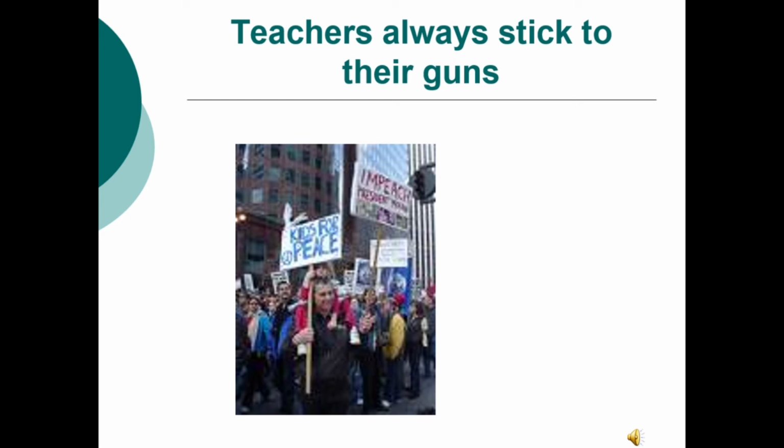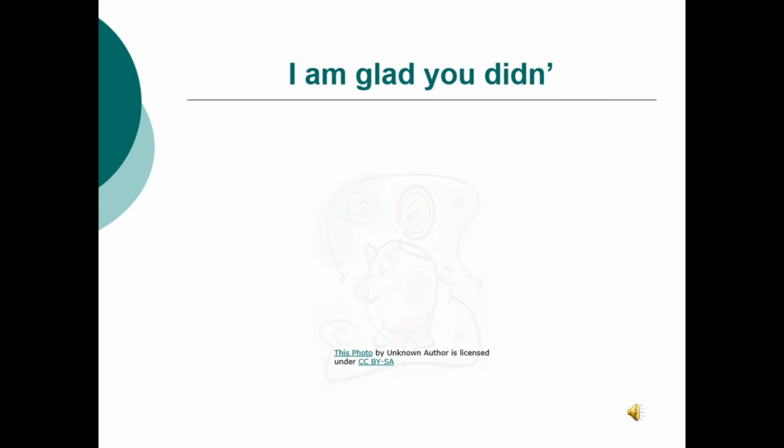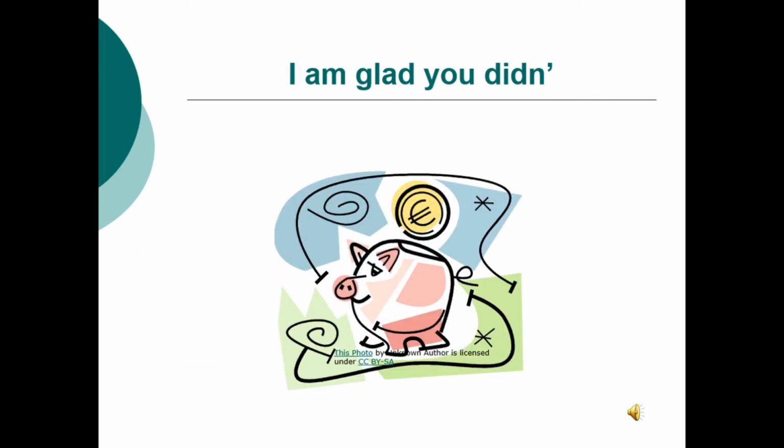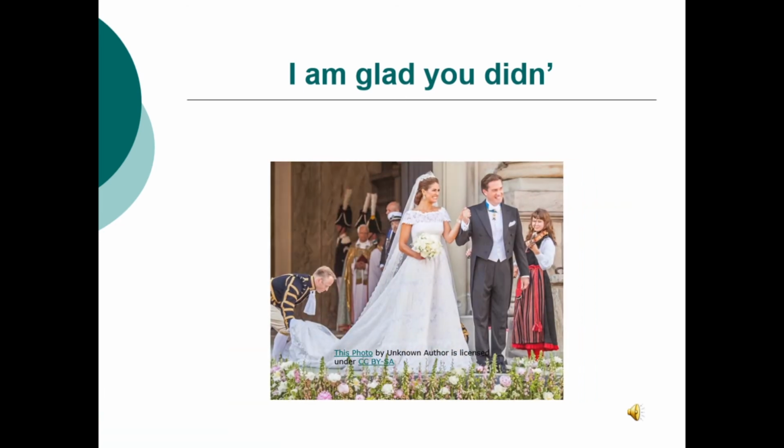So, I'm sorry, young lady, you're not getting a car. It means he's not going to change his opinion despite criticism from his family, from everybody around him telling him he needs to buy the girl a car. Is it clear? Teachers always stick to their guns. Very good. They never change their opinions about something. Good. Oh, I'm sorry, this is a mistake. Let's move into the next part.